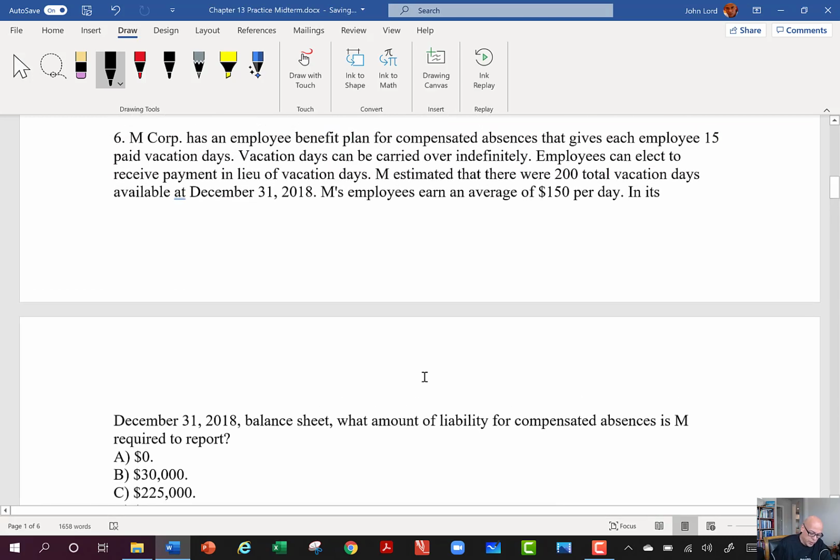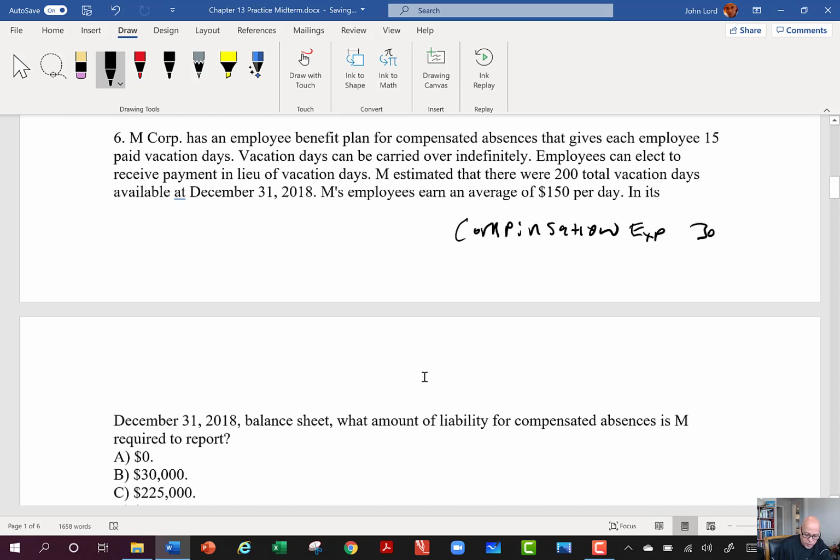So what we do in 2018 is we debit compensated absences expense, or compensation expense. It doesn't have to be compensation. We debit that for, what did we say, $30,000 when we did our calculation, and we credit compensation payable, whatever the liability.